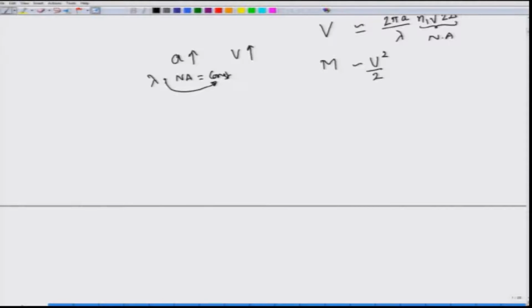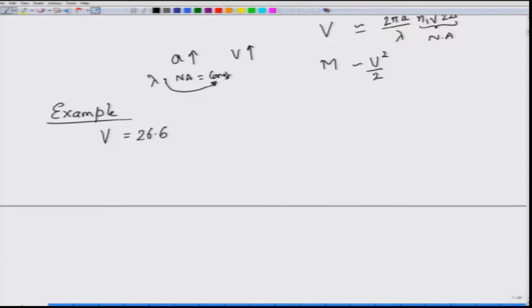So you can take an example here, something that would illustrate the numbers that are involved. Let us suppose that we have selected V equal to 26.6. Now this is an extremely large number, because the number of modes will be nearly V squared over 2, which is around 600 something. So this is quite a large number.